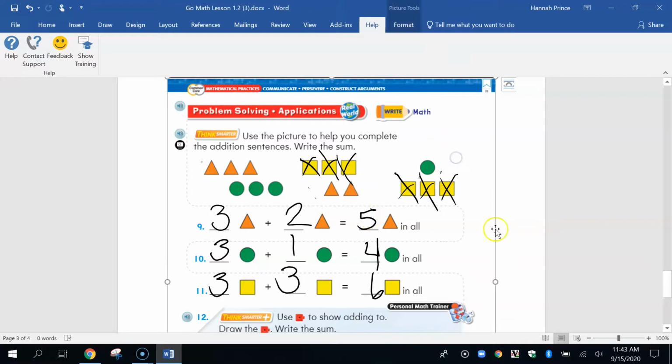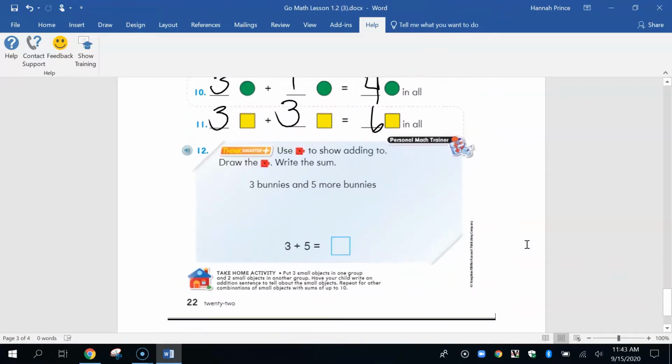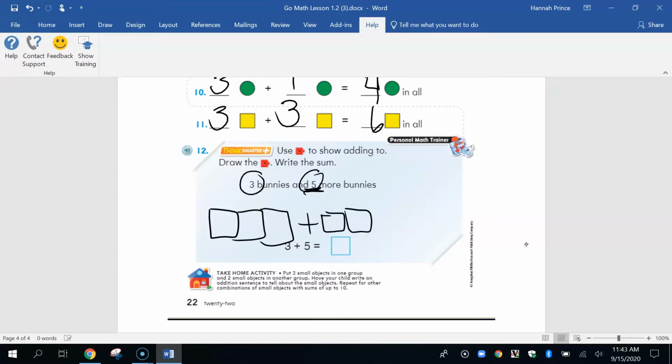Okay. Last problem. Use cubes to show adding 2. Draw the cubes and write the sum. 3 bunnies and 5 more bunnies. This is review. 1, 2, 3 plus 5 more, 4, 5. How many all together?